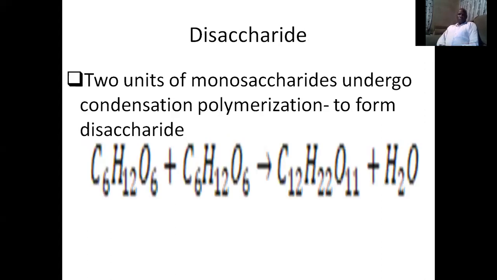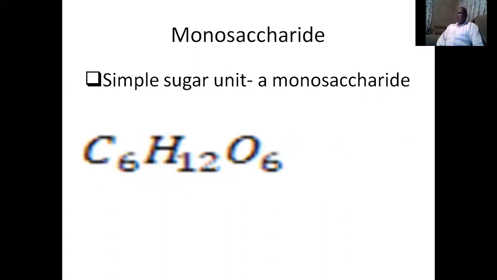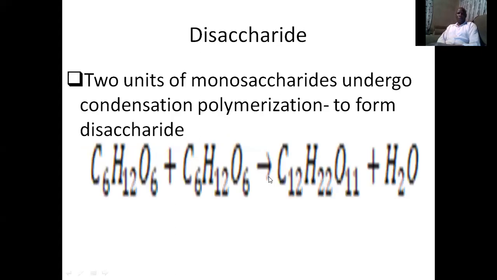And so when you take 2 units of monosaccharides, that is simple sugar, which we have mentioned here, if 2 of them undergo condensation polymerization, that is where you remove water, as it is shown here.